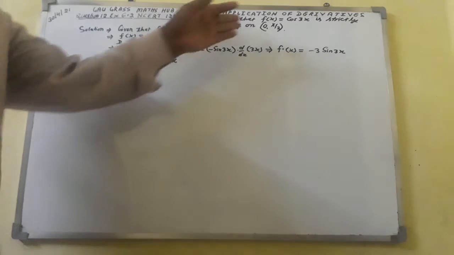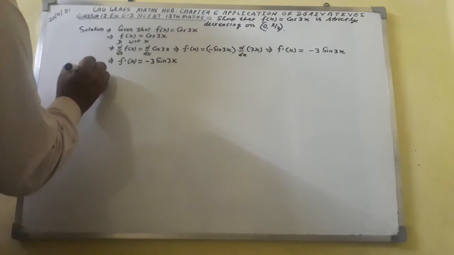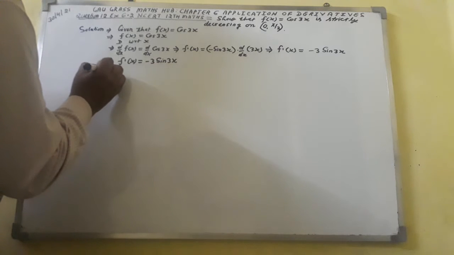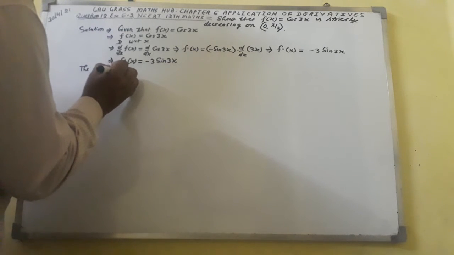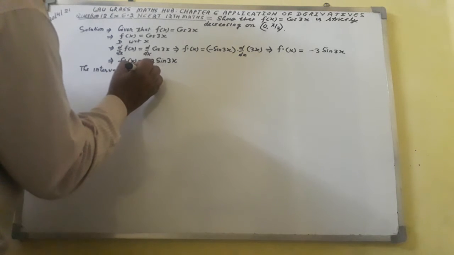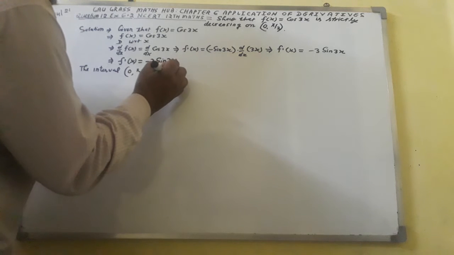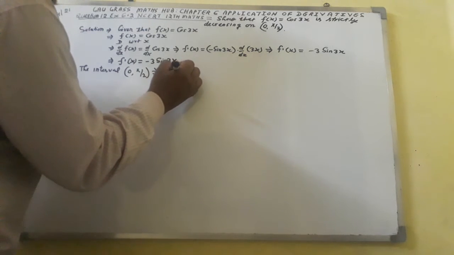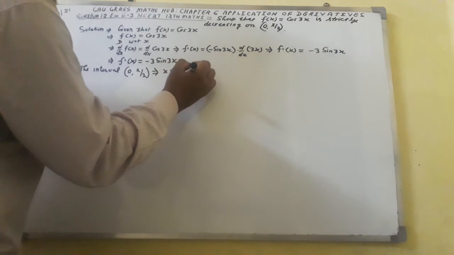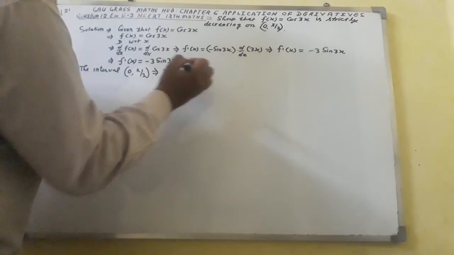Now come to the interval. The open interval 0, pi by 2. This implies that x belongs to the open interval 0, pi by 2.